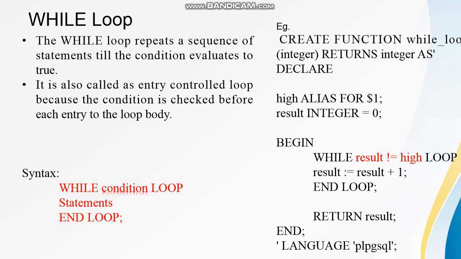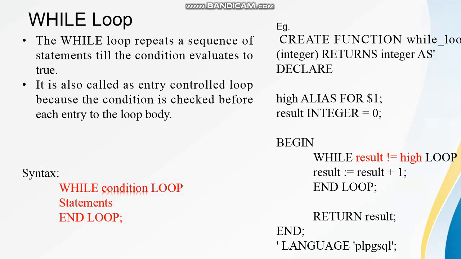Okay, at the right you can see the function is written. Here we can see integer data type is passed in the create function command. Two variables are taken, high and result. Result is of data type integer, high is also of type integer.